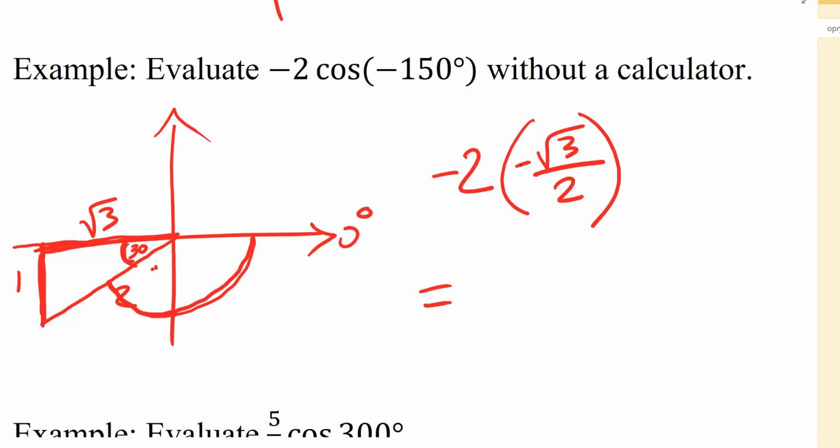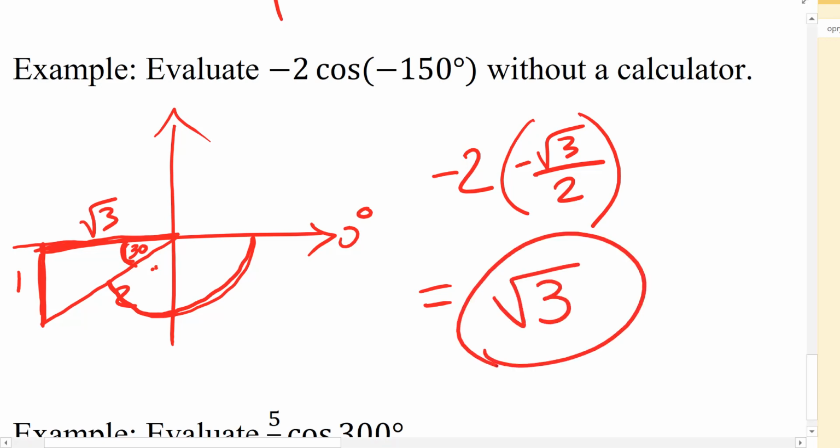So negative 2 times negative square root of 3 over 2 is positive square root of 3. So you not only have to know the ratios for these triangles, you also have to know that when you're using that angle as a related angle to some bigger angle that's in another quadrant, you've got to remember what sign that cosine, tangent, or sine is going to carry with it.